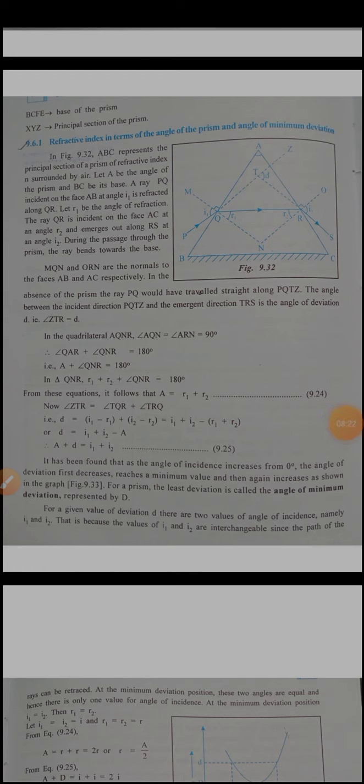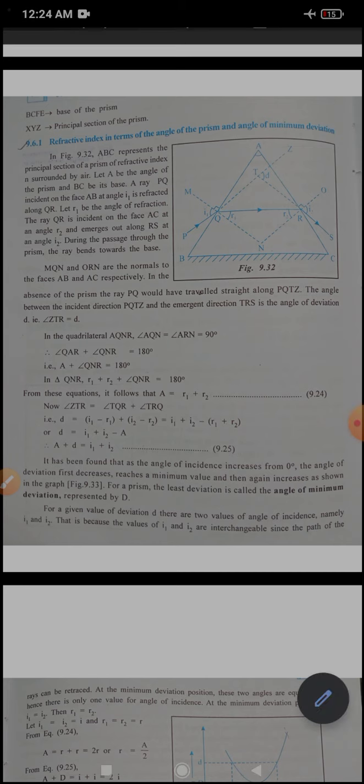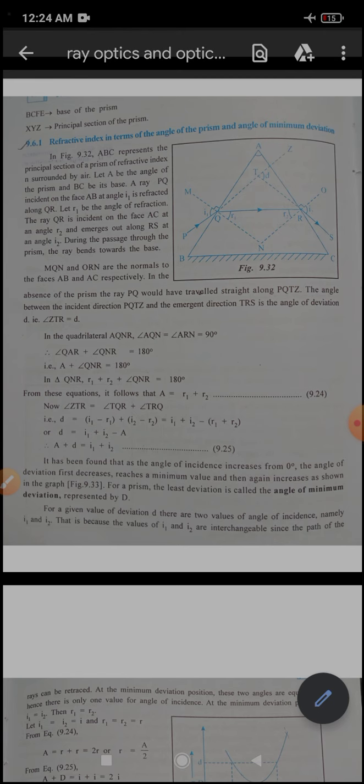The angle between the incident direction PQTZ and the emergent direction TRS is the angle of deviation, denoted by D, that is angle ZTR.